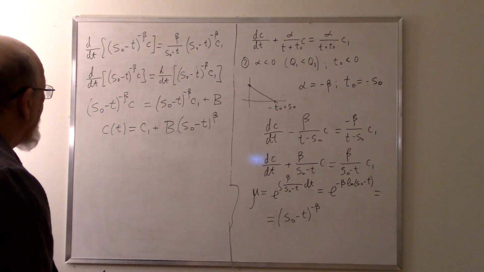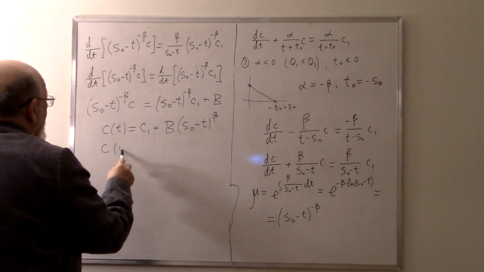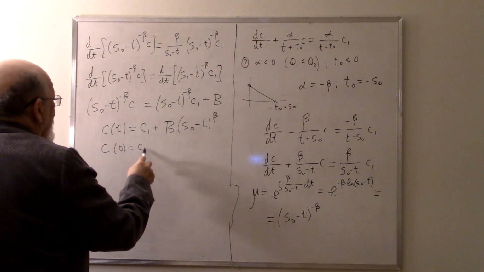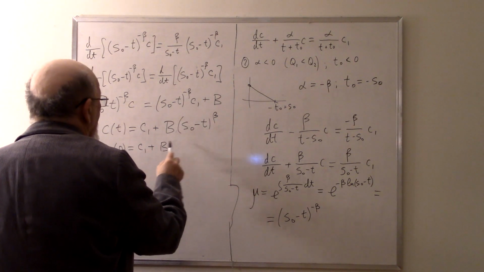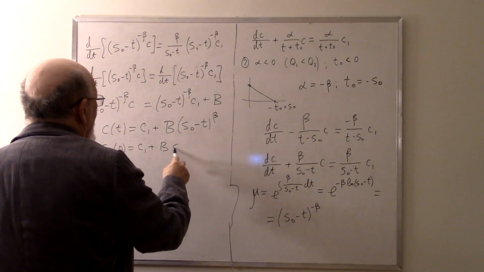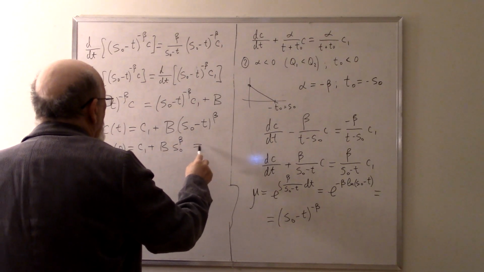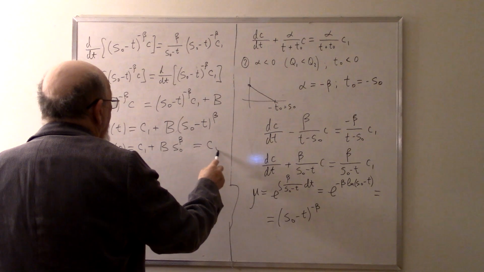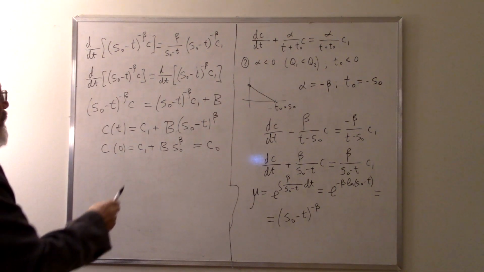And what is b? Again, go to the initial condition. C of 0 equals c1 plus b S0 to the power beta at t equals 0. And this should be equal to c0, the initial concentration.